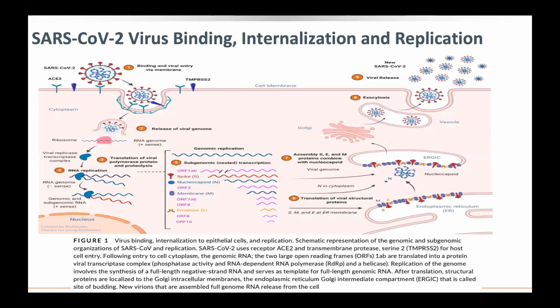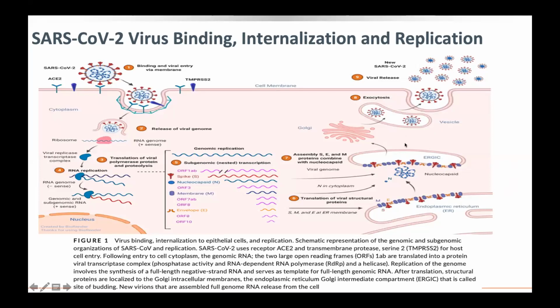Just in brief, let me highlight where there's replication of the SARS-CoV-2. We know that the first thing which happens is binding, and after binding, you have the internalization, and with internalization, the virus starts replicating in the nucleus, and you have formation of the various proteins associated with the virus and the new daughter virions getting out.